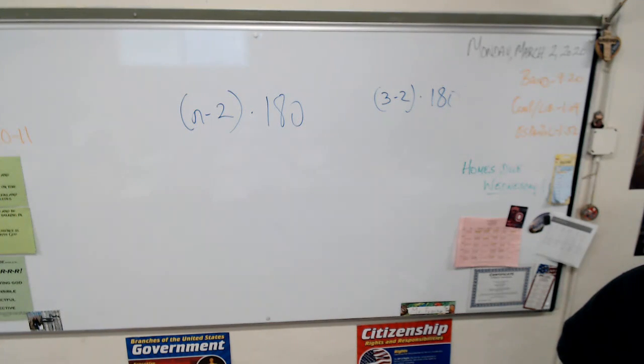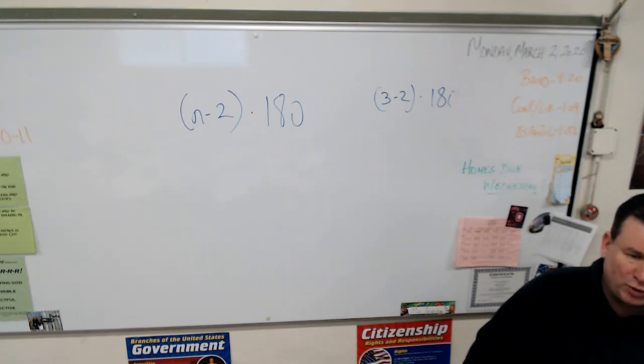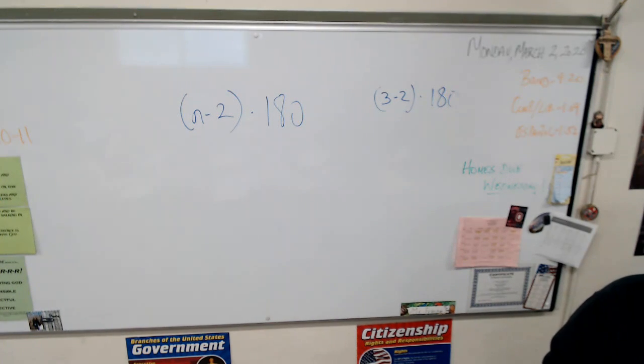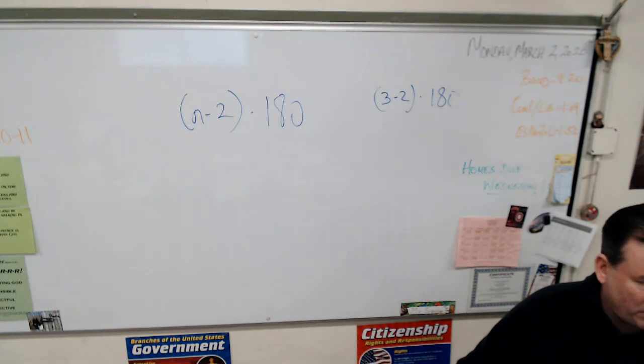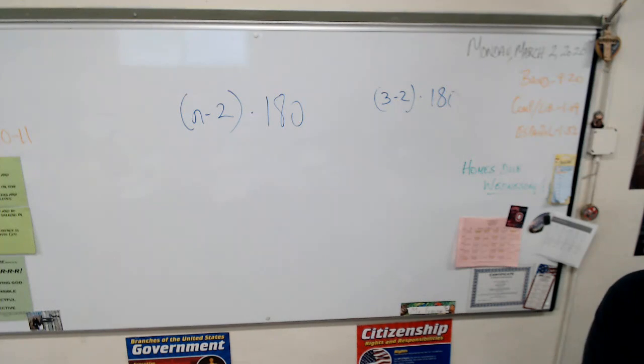A polygon. What do you call a 5-gon? A pentagon. All pentagons have how many total degrees within their angles? Why not memorize it by now? 5 minus 2 is 3. What's 3 times 180? 540. So we know the total's got to be 540.